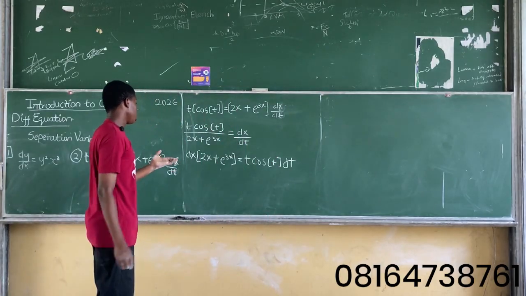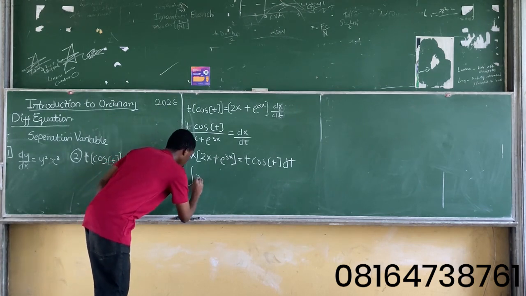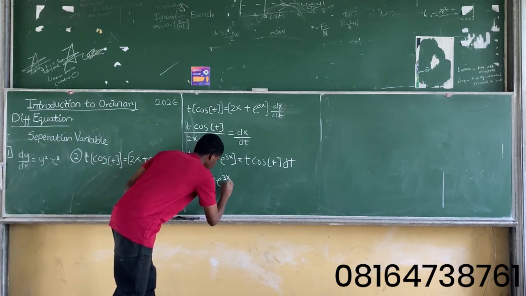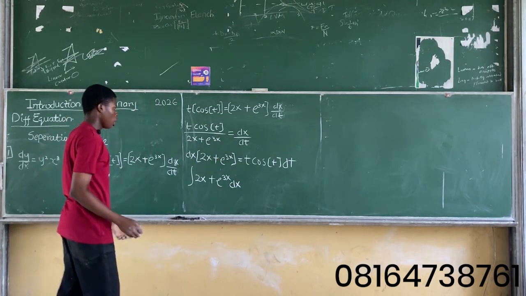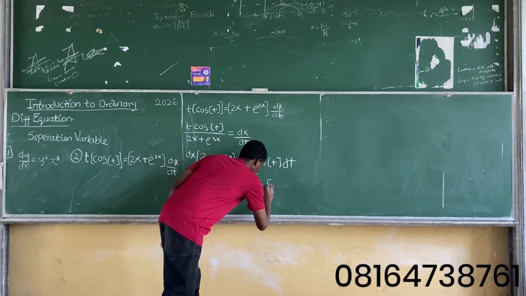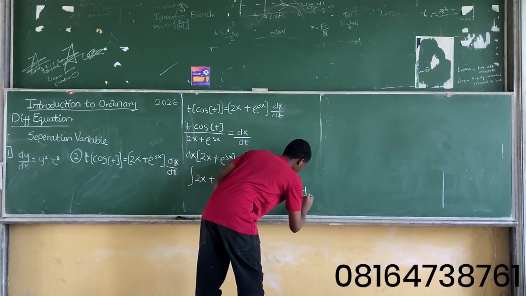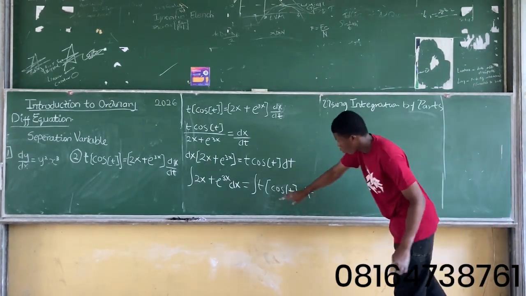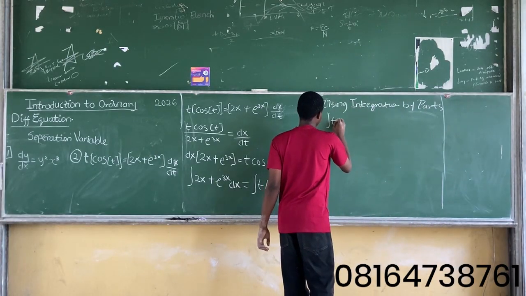Then we'll be integrating this function: the integral of 2x plus e^3x dx, the same thing we did with the problem earlier, and doing the same to the t cos t dt. We'll be using integration by parts to solve this part of the equation, the integral of t cos t.